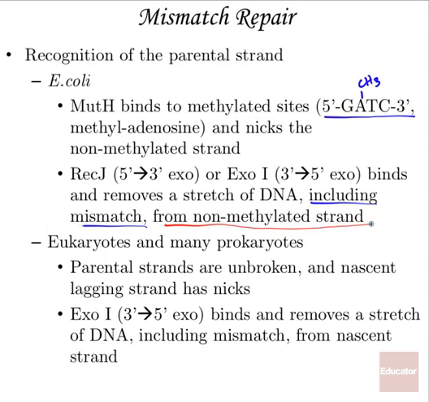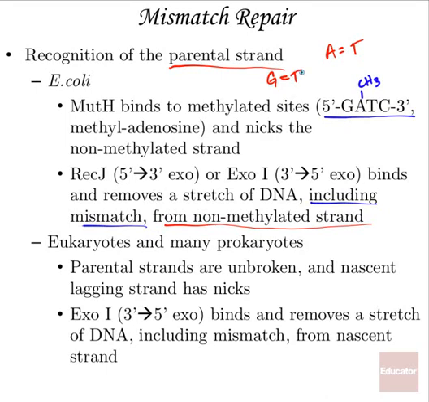So this will only be removed from the newly synthesized strand, leaving the correct parental strand sequence there. Then when you go through the resynthesis process, you will hopefully this time synthesize across the proper parental strand, giving you, once again, the correct AT base pair, instead of what it was showing, a GT.